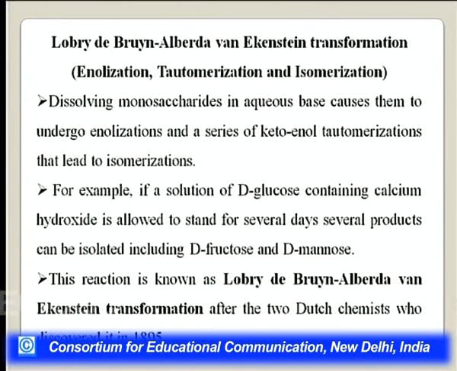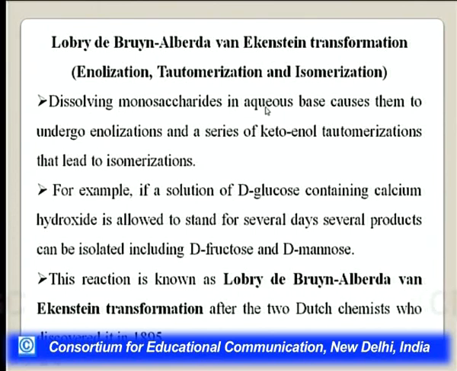We can say it is the Lobry de Bruyn-Alberda van Ekenstein transformation. When we talk about this reaction, it involves enolization, tautomerization, and also isomerization. So what is this transformation?